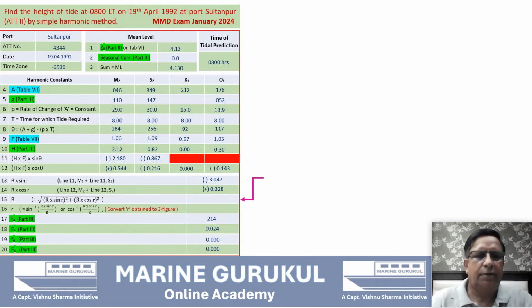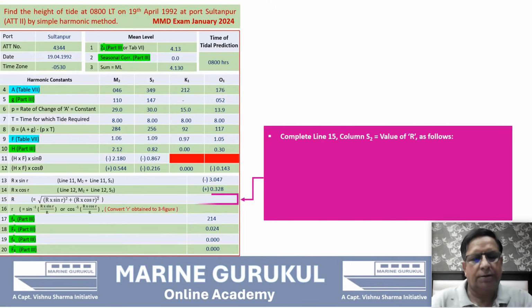Now we complete the value of line 15, that is value of capital R, as follows. If we square R sine r and add square of R cos r, we get this expression which you can see on the screen here.